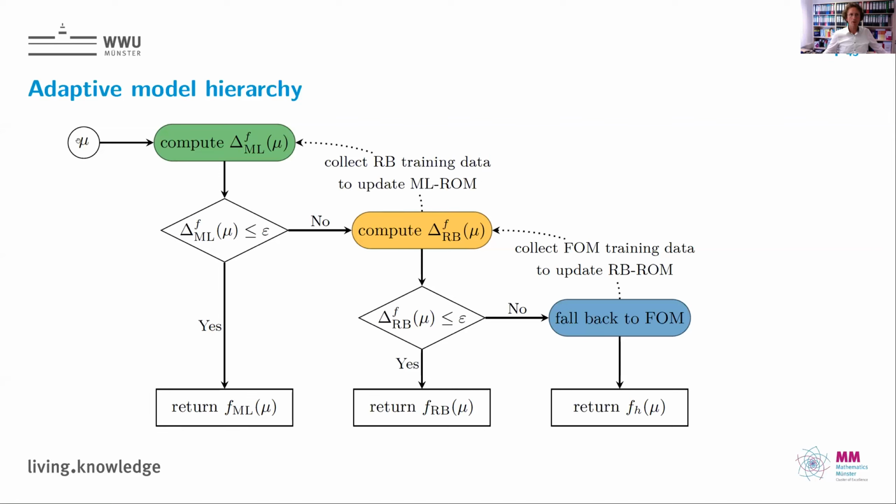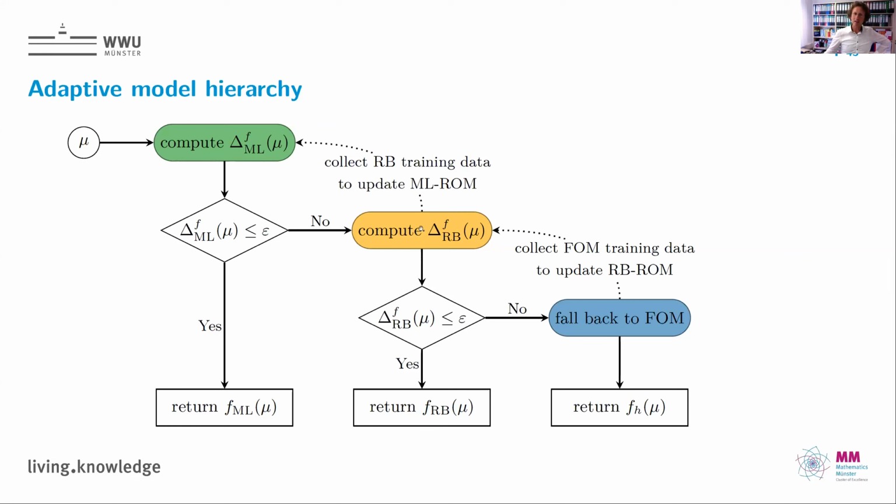So if a new query for a solution for parameter mu is asked for, I first ask, is my machine learning model inside my black box good enough to give accurate results? If this is the case, then you just return the solution of your machine learning model. And here you need the a posteriori error estimate in order to answer this question, whether this is accurate enough. If this is not the case, I need to fall back to my reduced basis method. This then generates a whole time trajectory of reduced solutions.